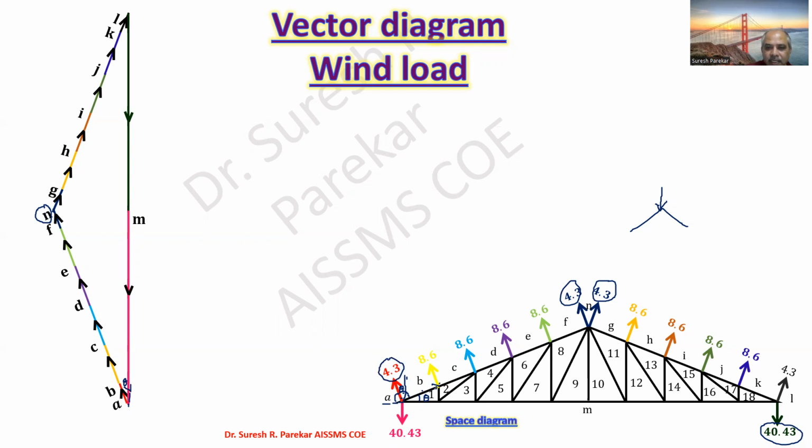Because this joint has load values from both sides, whereas for this 4, 3, we have only from the right side. On the left side we do not have anything, therefore no load. For all other joints, we have from both sides, half. Therefore the value at intermediate joints is doubled, whereas at the end panel point we have half of the intermediate.